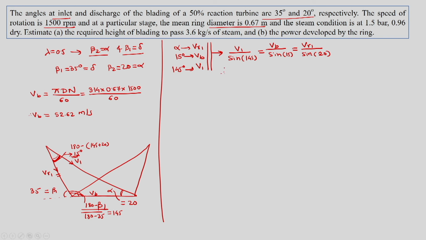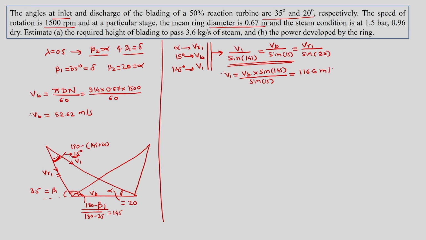Having said this, we can make use of this first and find out V1. So V1 is equal to VB into sine of 145 divided by sine of 15.